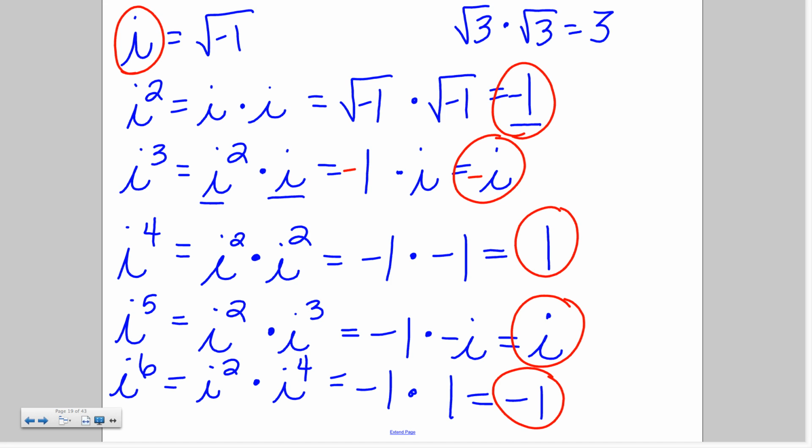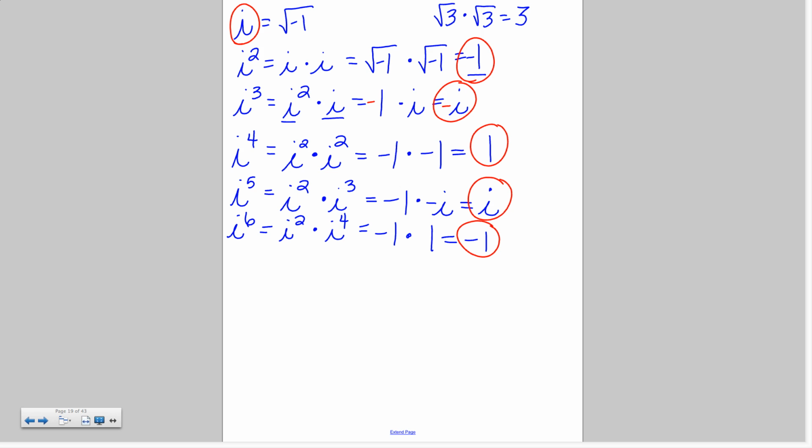Now, you should start seeing something happening each time. We started out with i, then we went negative 1, negative i, 1. When we got to i to the fifth, we started back over at i. Then we went negative 1. So if we did i to the seventh, which is i cubed times i to the fourth, i cubed was negative i, i to the fourth was 1.